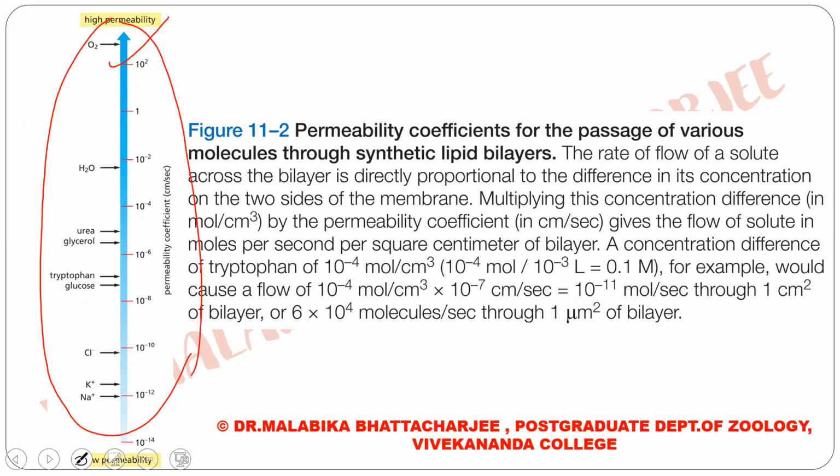If you look into the lower panel, you can see the charged ions. They usually have very low permeability. Glucose is somewhat intermediate, but towards the lower side. So there is also a transporter present in the membrane that helps in transport of glucose molecules from one side of the membrane to the other side of the membrane.